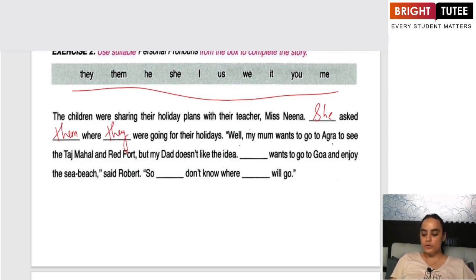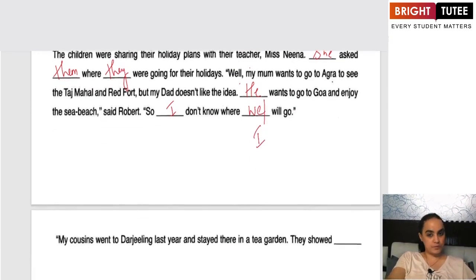"Well, my mum wants to go to Agra to see the Taj Mahal and Red Fort, but my dad does not like the idea. He wants to go to Goa and enjoy the sea beach," said Robert. "So, I don't know where we will go or where I will go."